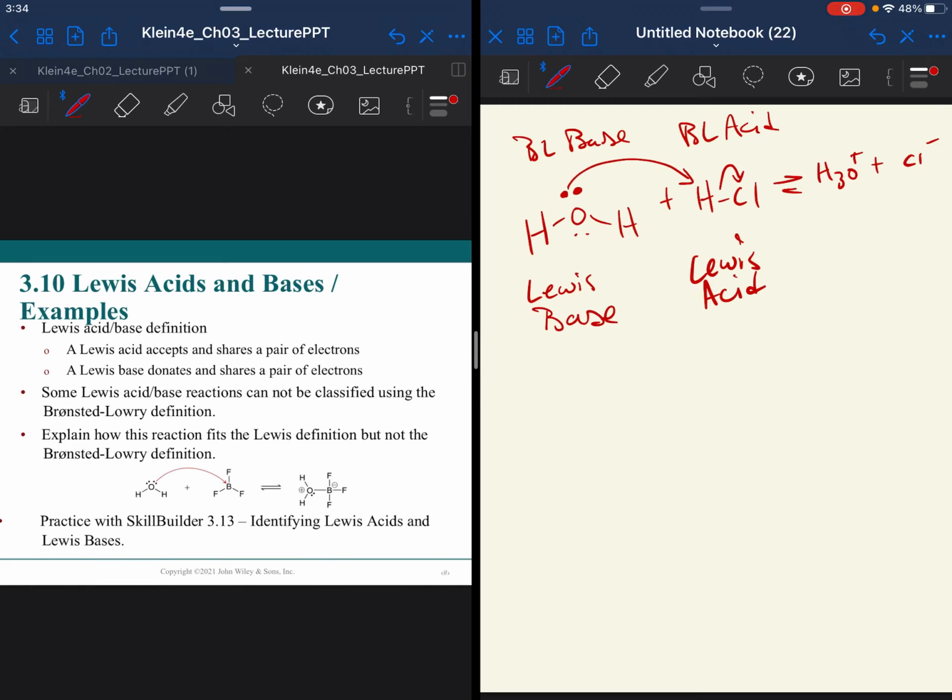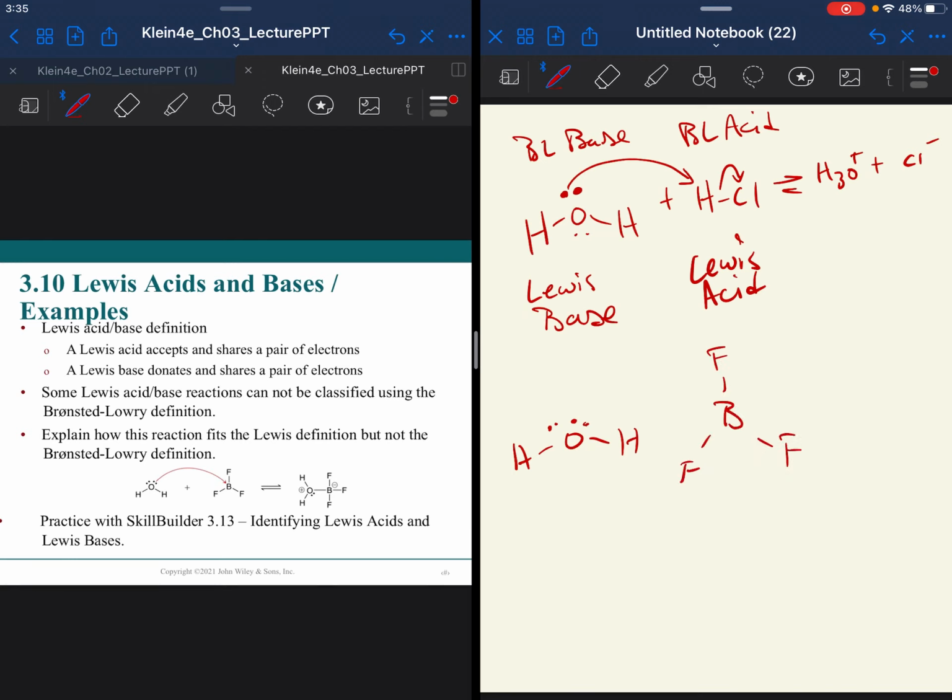Consider water interacting with boron trifluoride, right? There is no proton being donated or accepted, but you are getting a similar type of reaction where the electrons in the water are still being donated, right?